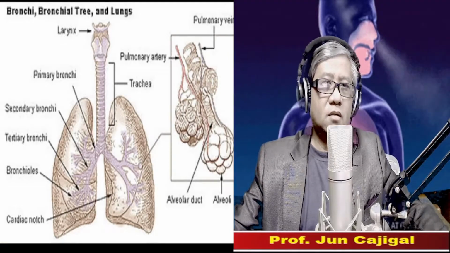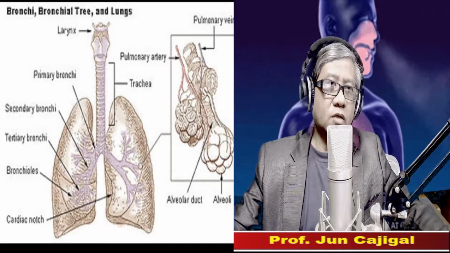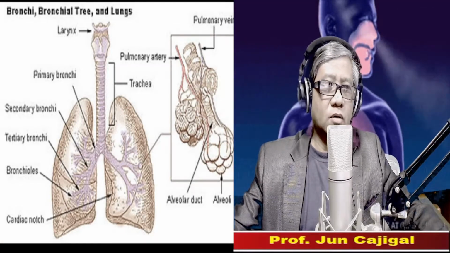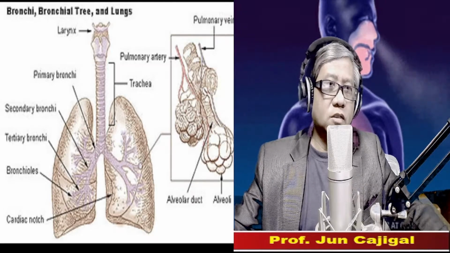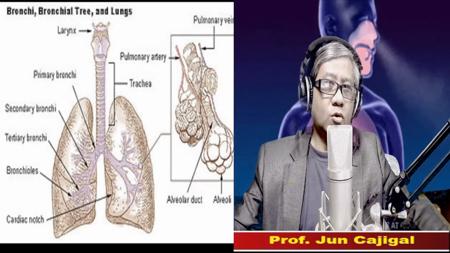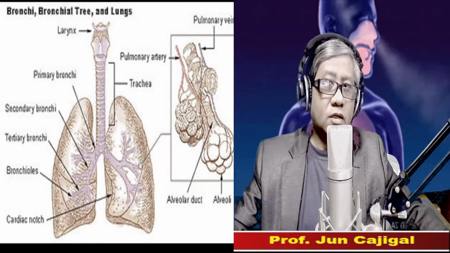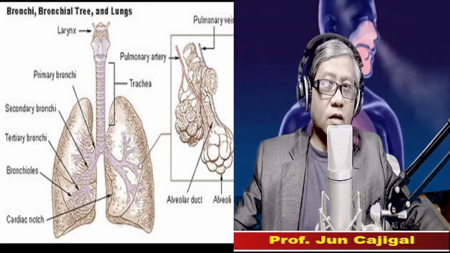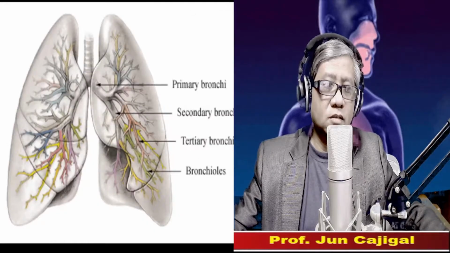Then inside the lungs, the bronchi further branch off into the primary bronchi, the secondary bronchi, tertiary bronchi, then bronchioles leading into the alveoli or the air sacs. So the trachea divides into two tubes called bronchi leading to the lungs.